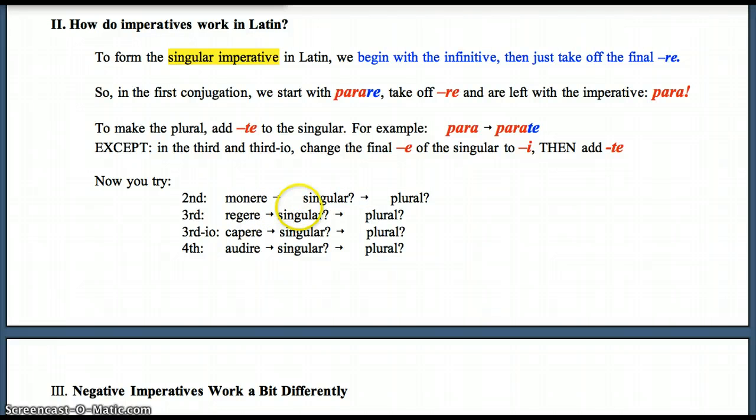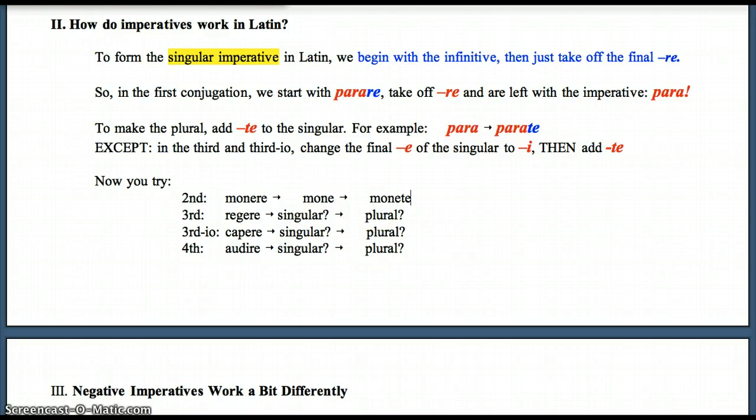You try. Monere is going to go to what in the singular? You might want to pause the video here because I'm going to give you the answer. Mone. And the plural, again, pause the video if you want some time. Monete. And there we go.